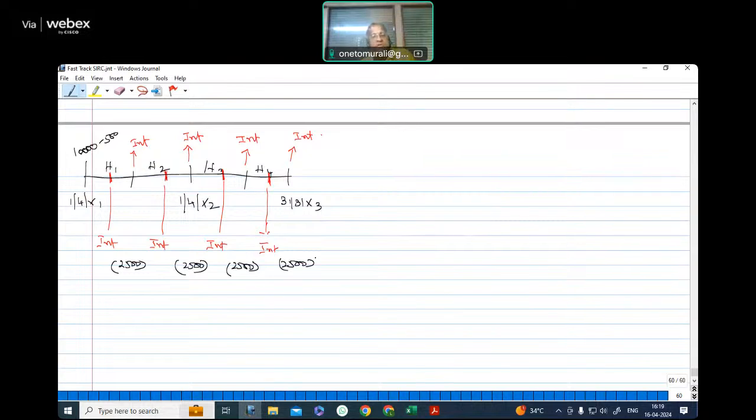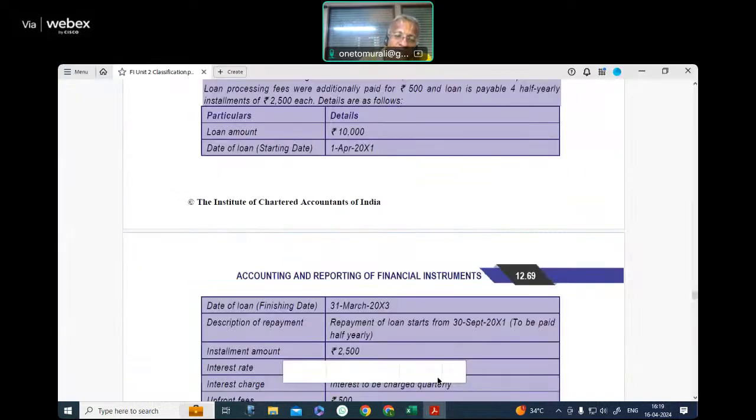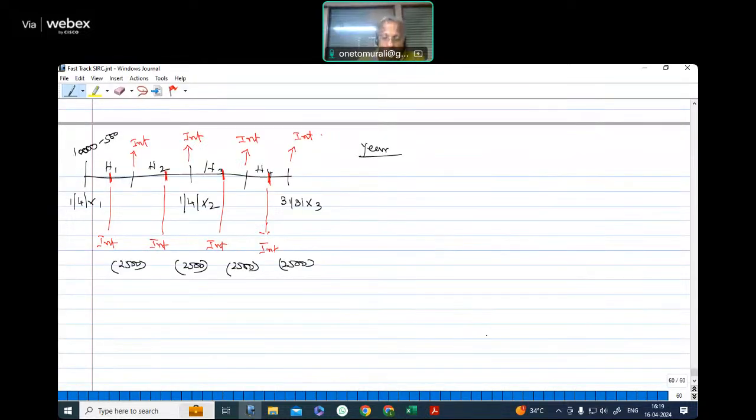Imagine that the effective rate of interest is not given, then how are we going to do it under examination conditions? So that is what we are looking into. Here they have mentioned that it is 12% per annum, a fixed rate of interest. I can as well do it through Excel, but I wanted to do it for the purpose of better understanding.